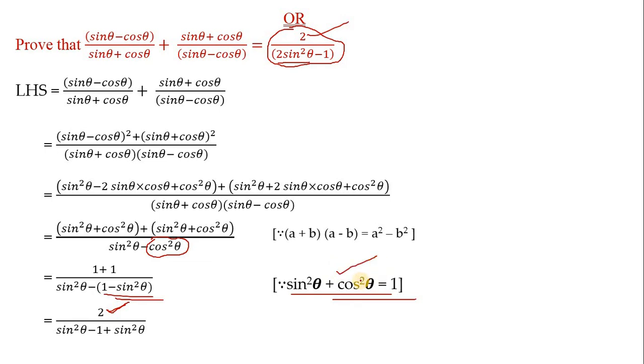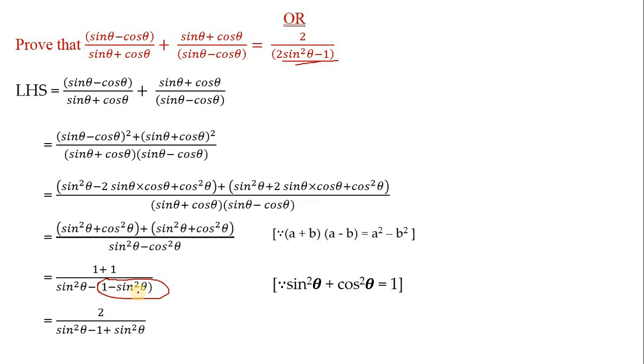If you transfer sin square theta to this side, cos square theta becomes 1 minus sin square theta. So we have substituted 1 minus sin square theta in the place of cos square theta. Why we have substituted this is, as I said, here in the denominator we have to get 2 sin square theta.